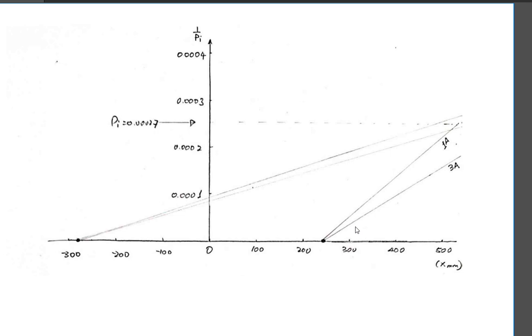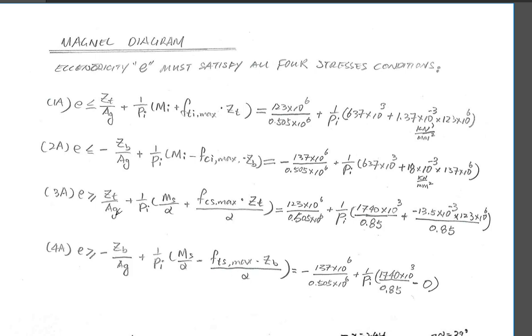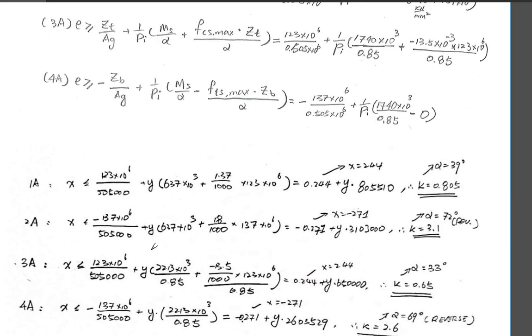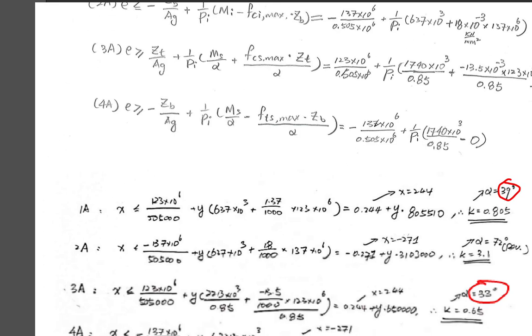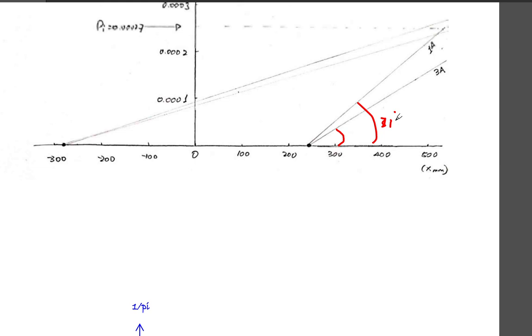I make sure this angle here for 3A is going to be 33 degrees over here, and my 1A is 39 degrees. Sorry, this is 39 degrees, and this is 33 degrees.